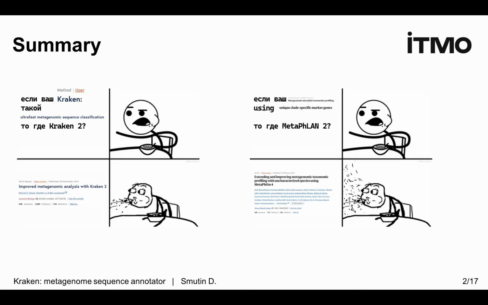It is really good for classification of most bacterial taxa, but I believe it breaks when you use Kraken on short reads trying to classify eukaryotic or viral genomes. Basically, that's it. Thank you very much. It was very long.